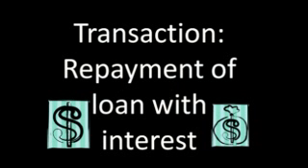In the last session, we looked at the repayment on principal of a loan. Unfortunately, loans usually come with a cost which is represented by interest charged on the loan. When repayments are made, a part goes to the repayment of principal and a part goes to the payment of interest. The repayment of principal reduces the liability of the loan. We need to debit a liability account to reduce the liability.